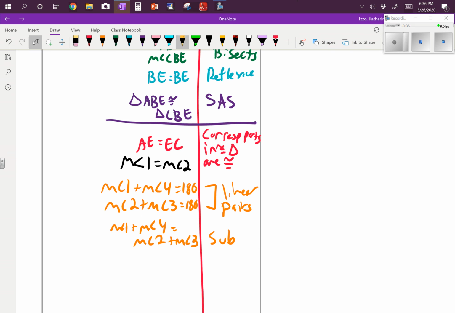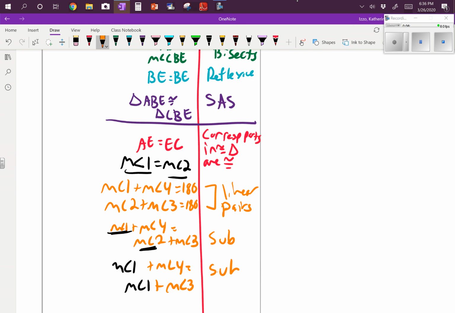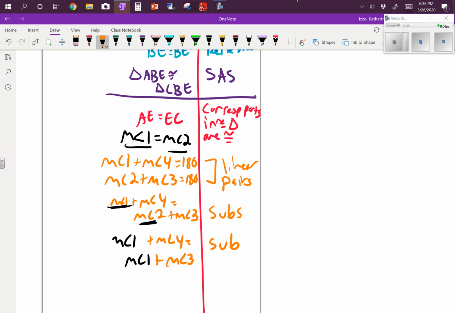Now I know that 1 and 2 are the same, so they can either both be 1s or both be 2s. I'll change them both to 1s, measure angle 1 and measure angle 1, which means this has to be plus measure angle 4. Those stay the same. That's my second substitution. Remember to write out substitution.